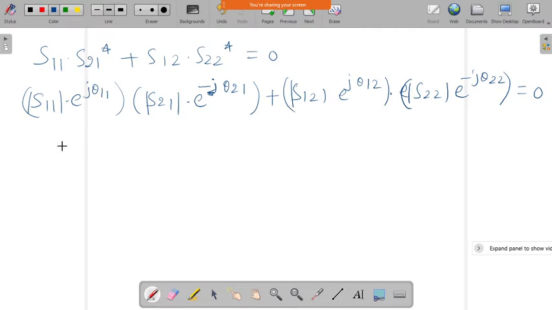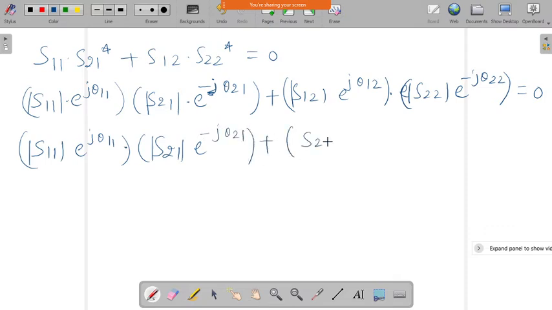If I do that, what will we get? S11 magnitude into e power j theta 11, into S21 magnitude into e power minus j theta 21, plus, here we can replace S12 magnitude by S21 magnitude.